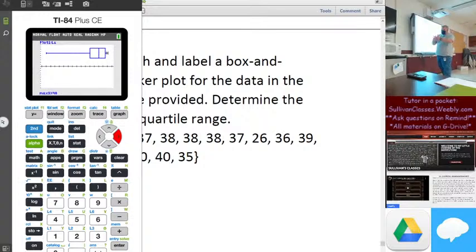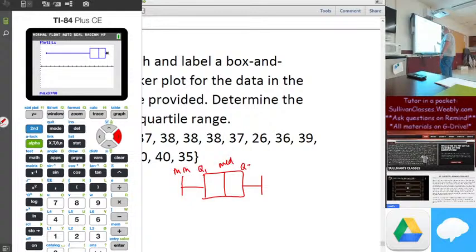Also, notice how stretched out this thing is with the whiskers. Boy, if I just put a generic shape like this on my paper, said minimum, quartile 1, median, quartile 2, maximum, and then I just put those numbers on there: 26, 39.5, 38 and 36.